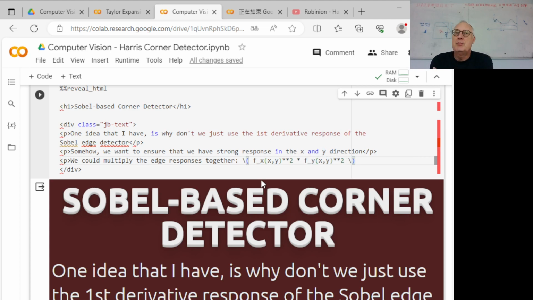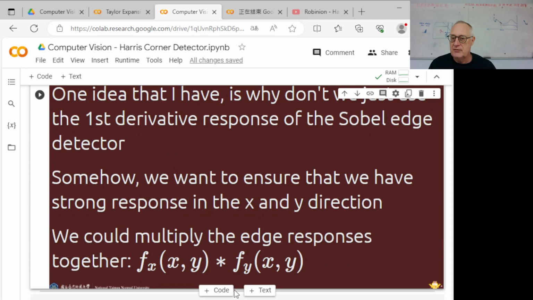To make sure that we have positive response only, and it will emphasize stronger gradients some more. So let's see what happens if we implement that.